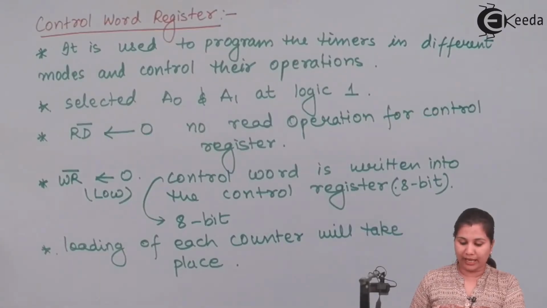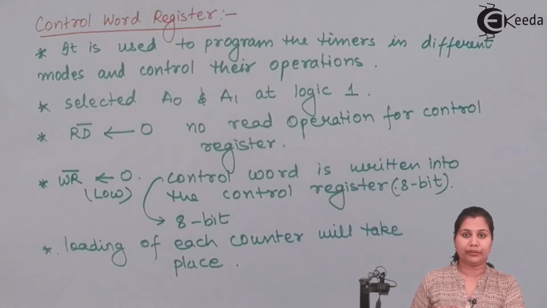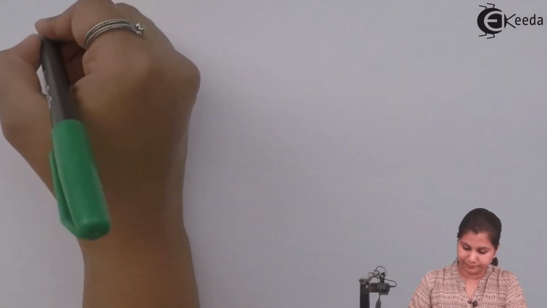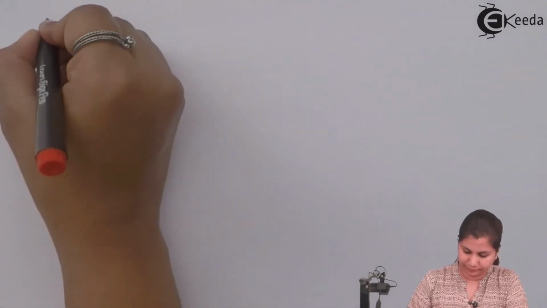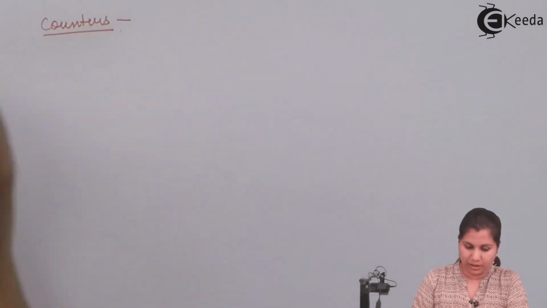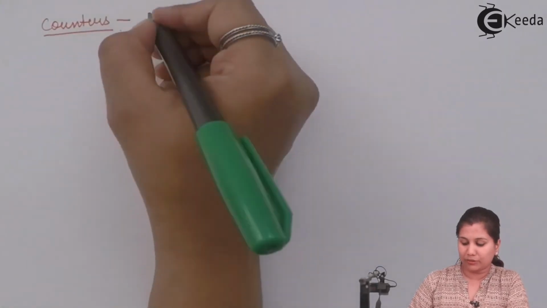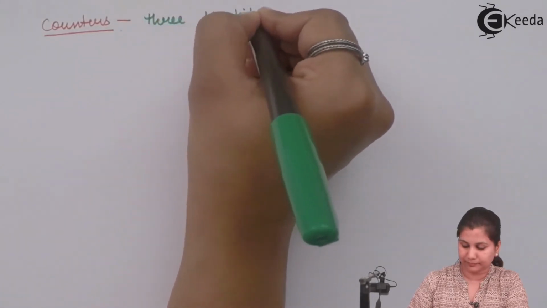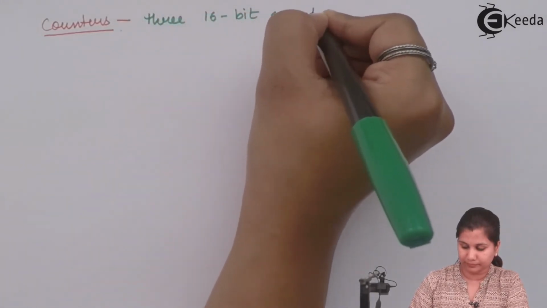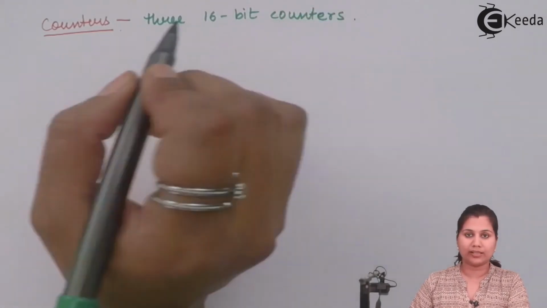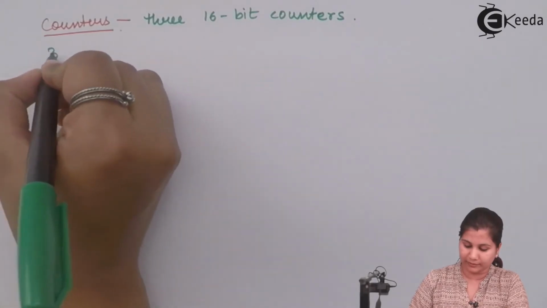Next we have the counters, the 3 counters which are present in the 8253 IC. Now the 8253 has 3 16-bit counters, and each counter has 3 signals with it.